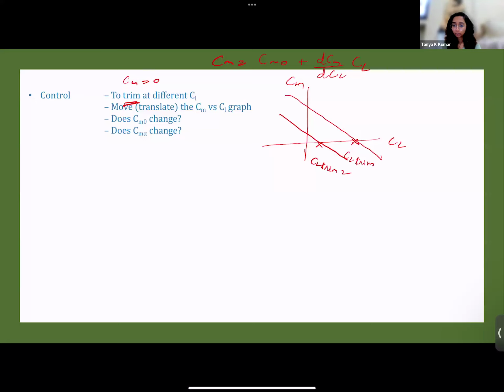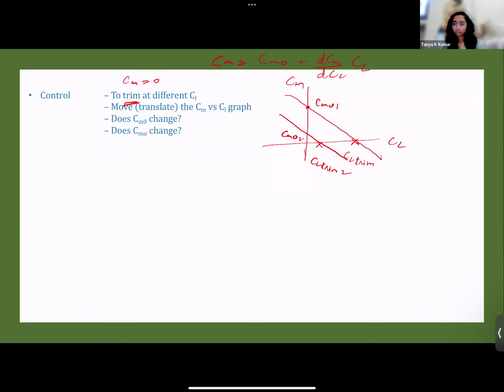When I deflect the control surface, my Cm versus CL graph translates. So does the value of Cm naught change? Yes, Cm naught changes. So this is your initial Cm naught, and this is the new Cm naught.